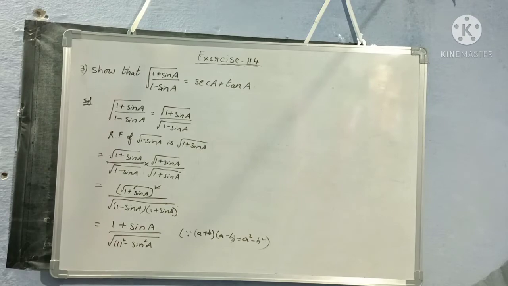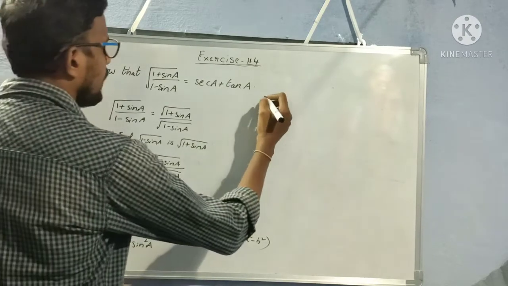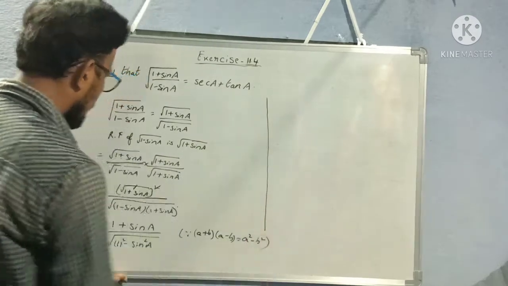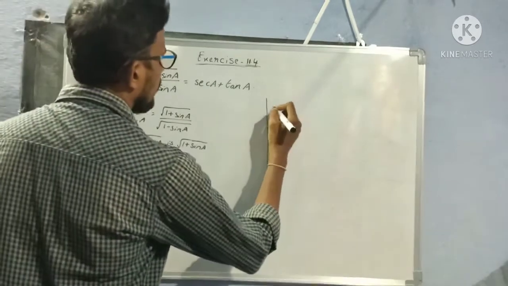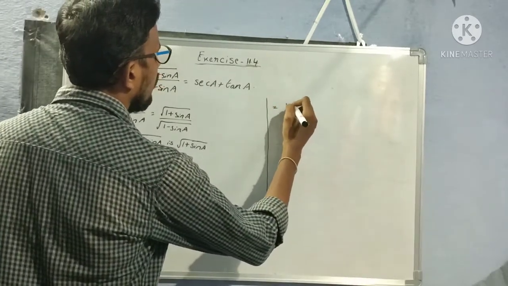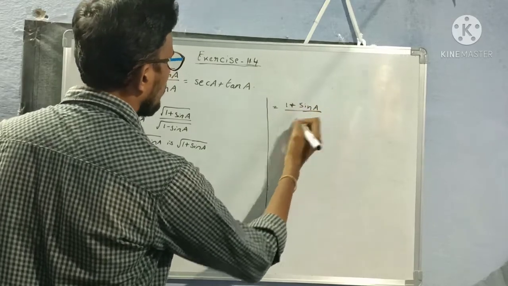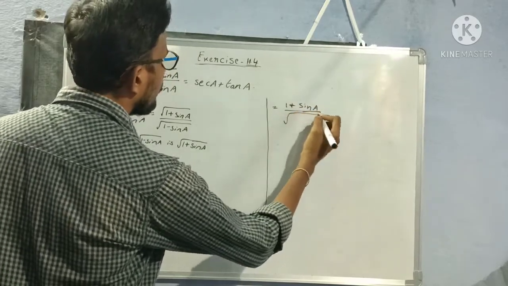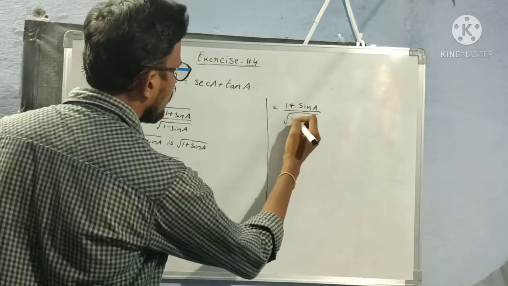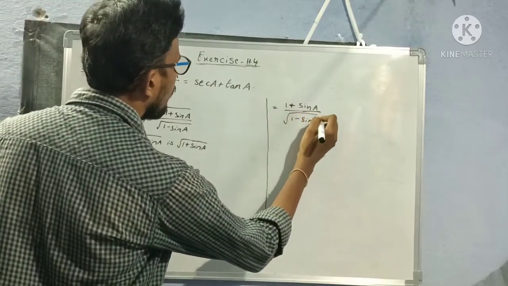Now take the numerator as it is and let us simplify the denominator. So that is equal to (1 plus sin A) by square root of, can I write 1 whole square as 1 minus sin square A.